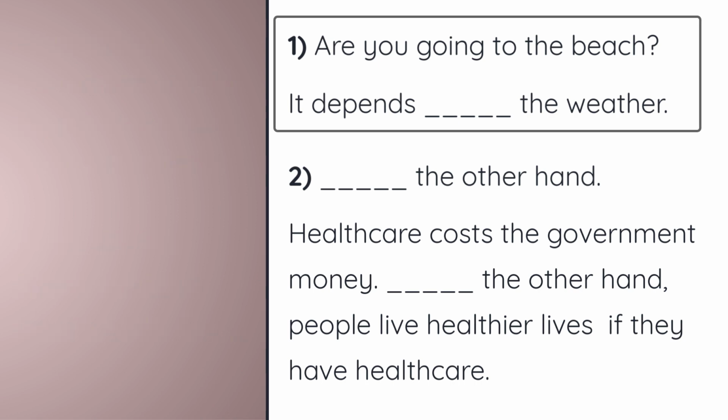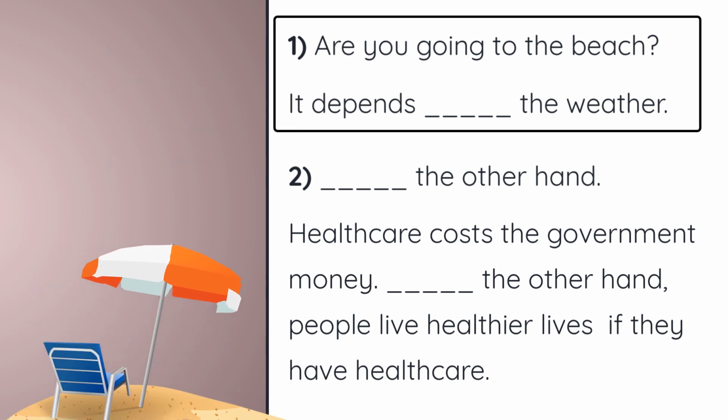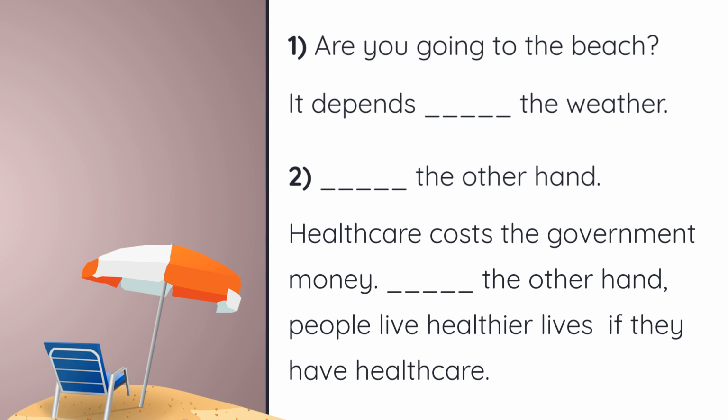If you look at the first sentence, I have, "Are you going to the beach?" You might answer, "It depends" the weather. With the sentence, "It depends," after depends, many students have trouble with what preposition comes after it. Is it at? Is it on? Is it in?